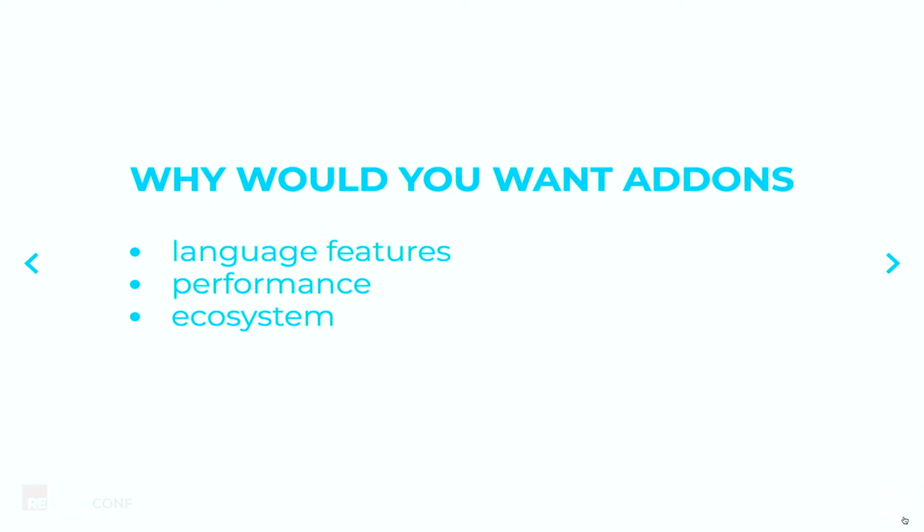Another reason is access to the ecosystem. And make no mistake, the C and C++ ecosystem is really old and really vast. So if you want something that doesn't exist in the JavaScript world, yeah, it probably exists in the C or C++ world, and it's really high quality and really performant.